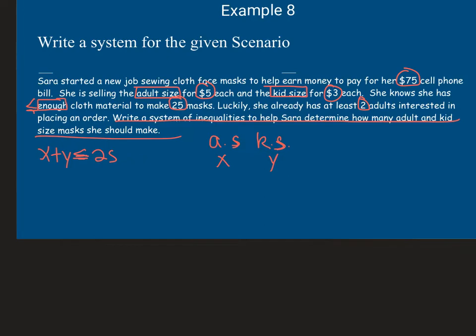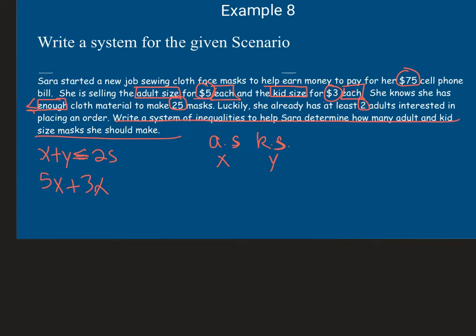Now, we look at the first sentence where it says she has to earn money to pay for her $75 cell phone bill, all right? She's going to sell the adult masks, which we said was X, for $5 each. And then she's going to sell the kids' masks, which are $3 each. And again, each means to multiply, which is why we're combining them and attaching them to our variables.